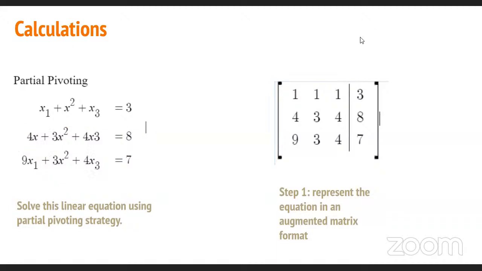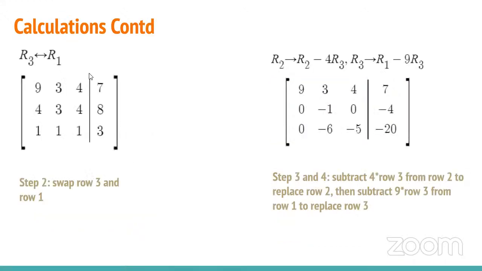Let's move on. I said before that in step one, as we did in the Gaussian elimination, we represented the equation in an augmented matrix format. Then for the next step, we swapped row 3 into row 1.